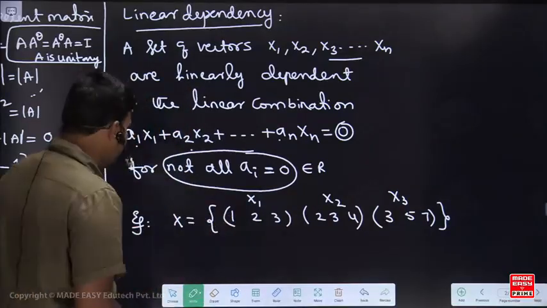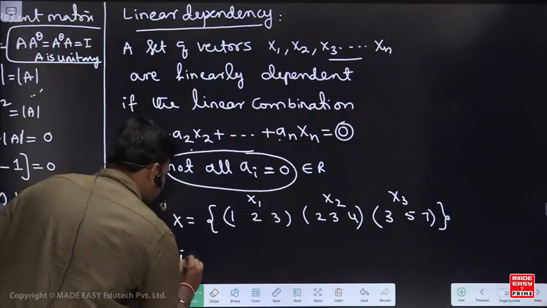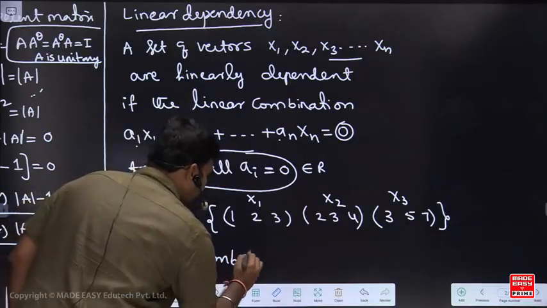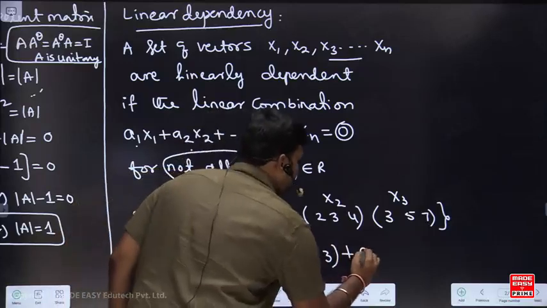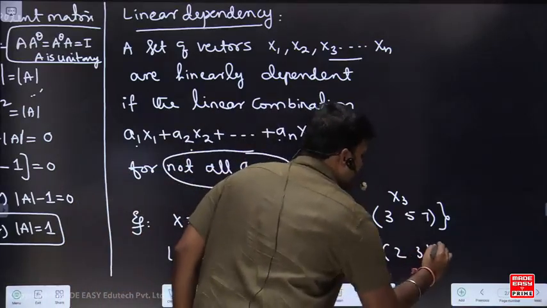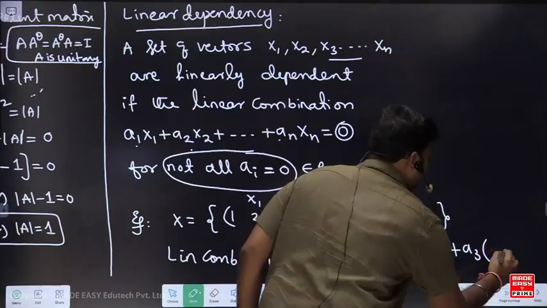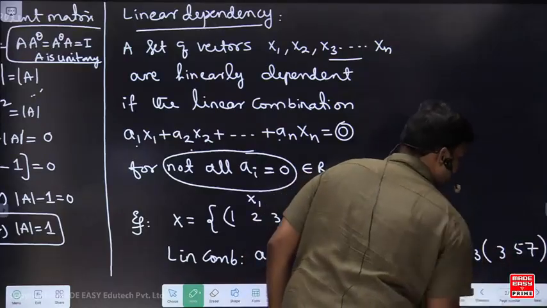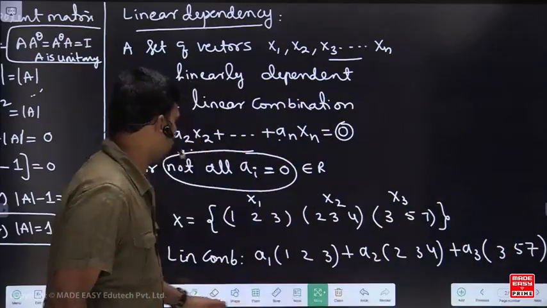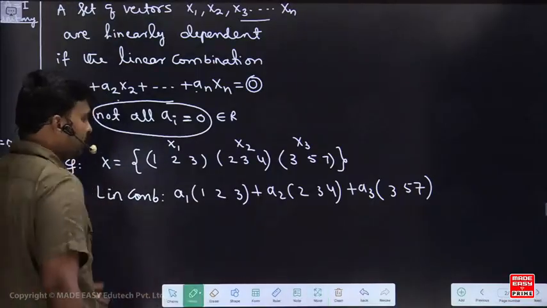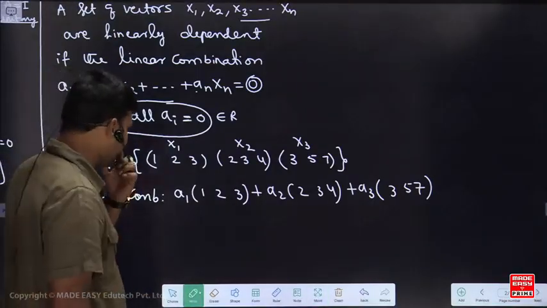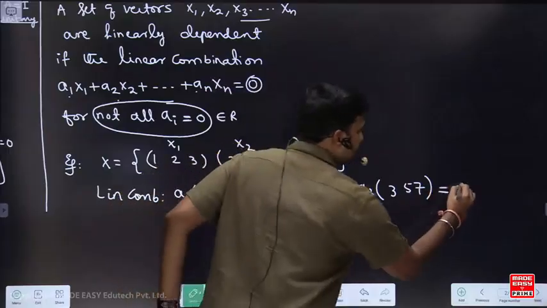तो एक काम करते हैं बेटा. Now we'll take the linear combination. What is the linear combination we take? That is a1 into 1 2 3 plus a2 into 2 3 4 plus a3 into 3 5 7. So I am taking this linear combination here, and this is equal to 0.